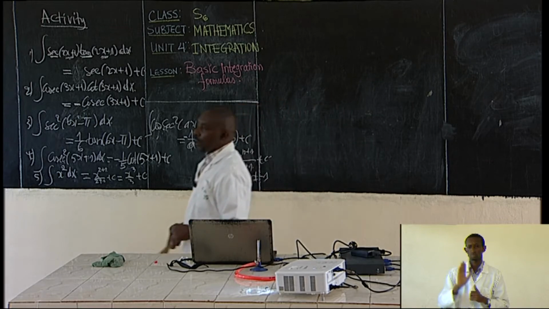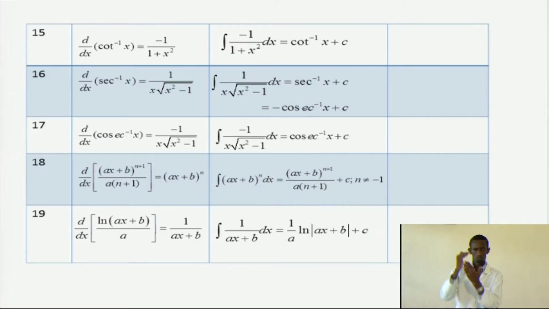We start on this formula. You know that when you differentiate arc cotangent of x, you get minus 1 divided by 1 plus x squared. Means that if I integrate this function, I'll be having cotan inverse of x plus c, or arctan of x plus c.